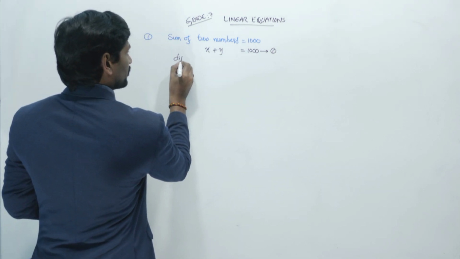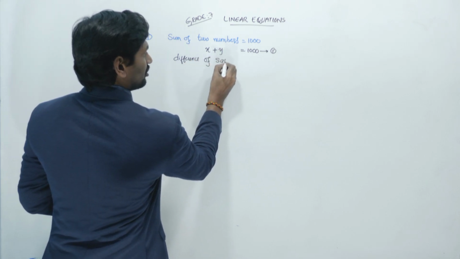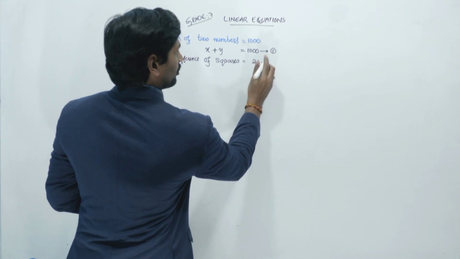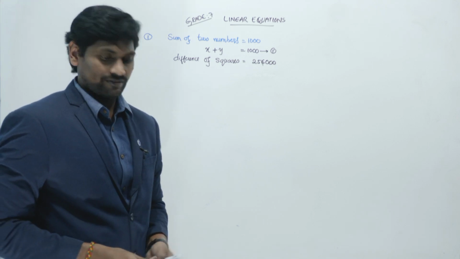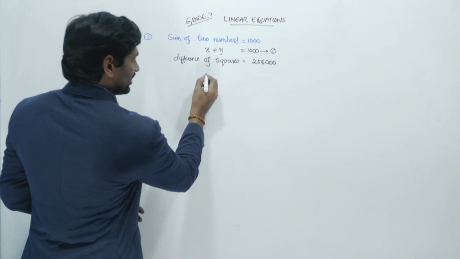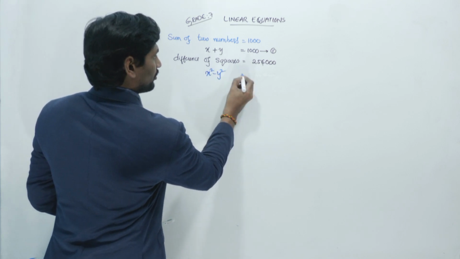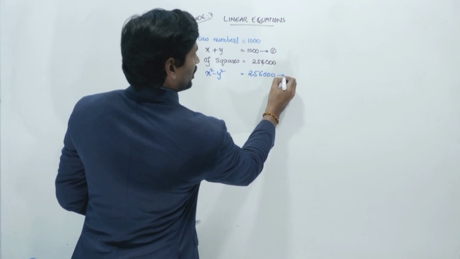The difference of squares is also given, that is 2,56,000. Difference means subtraction. So we can take x square minus y square equals 2,56,000. So equation number 2.